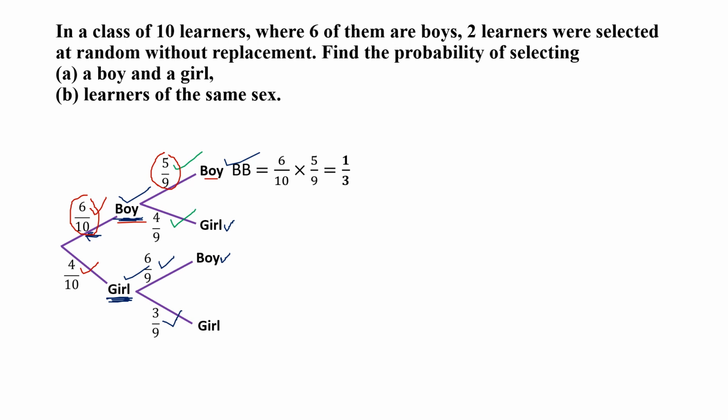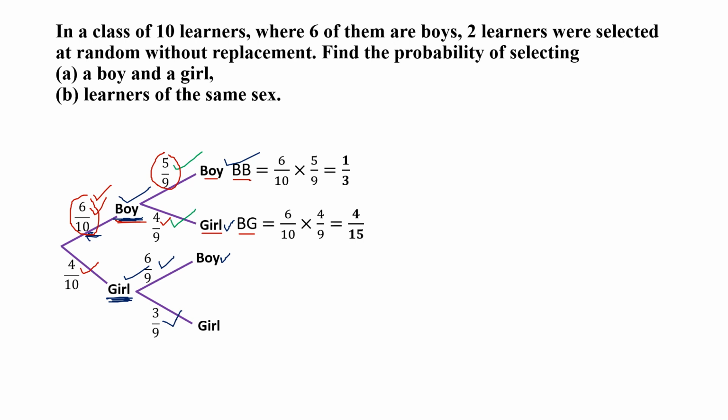That's the probability of a boy followed by another boy, right? The probability of a boy followed by a girl is found by multiplying 6/10 by 4/9, like this. That's the probability of a boy followed by a girl, and this reduces to 4/15, right?